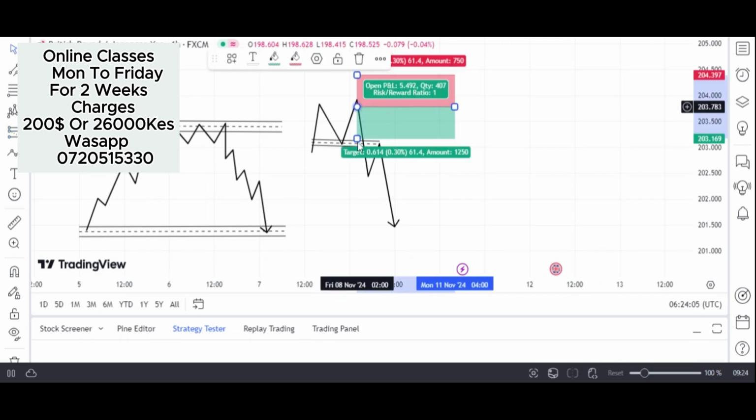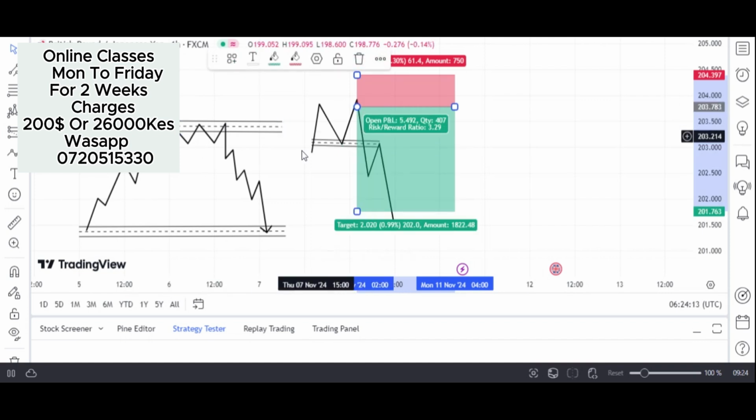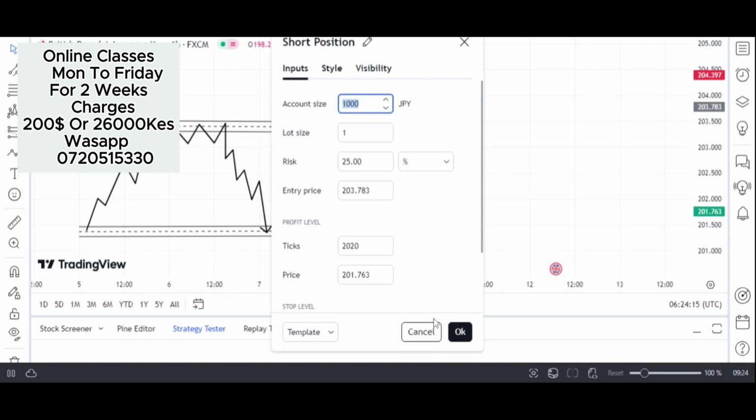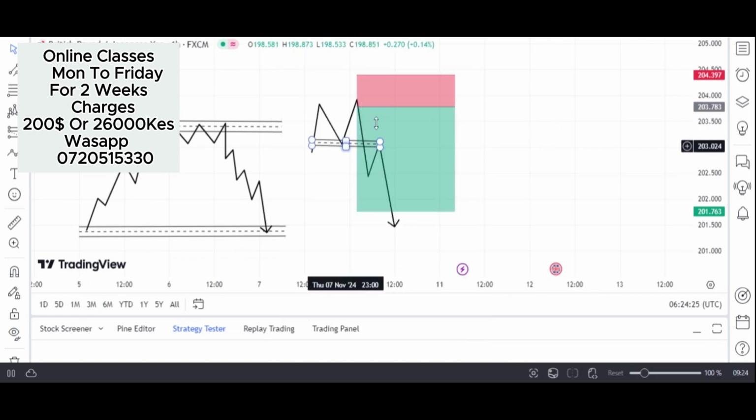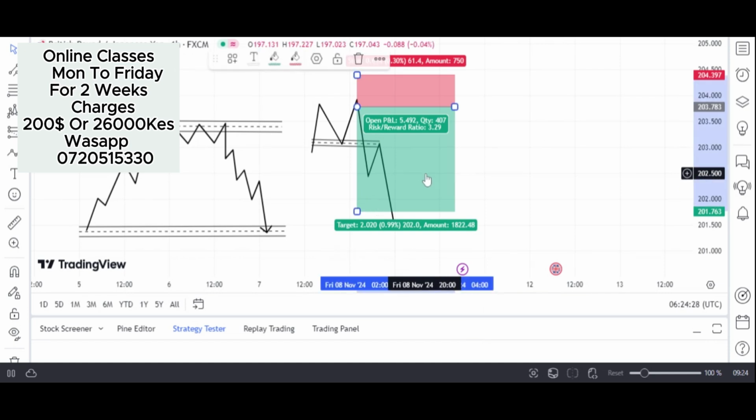But just be careful, because sometimes you might think that the market wants to continue selling, but you find the buyers coming in and breaking toward the upside. That is why we are told most of the time you have to wait for the neckline to break and come and retest. Then you can enter the market.